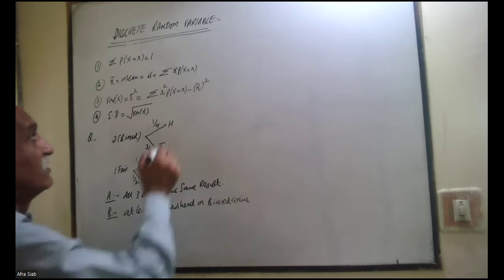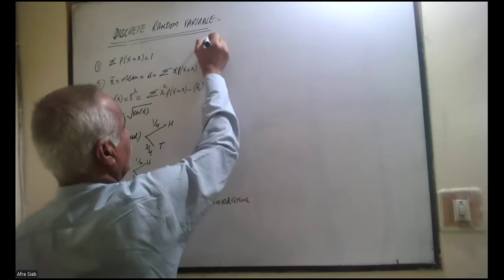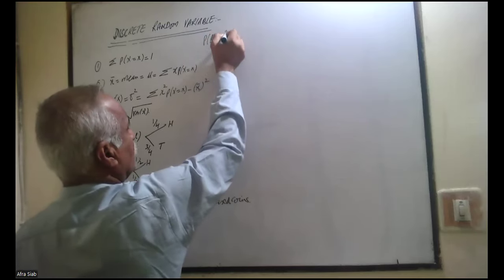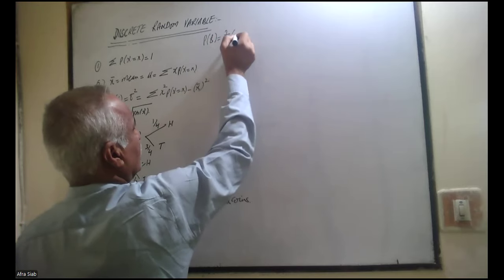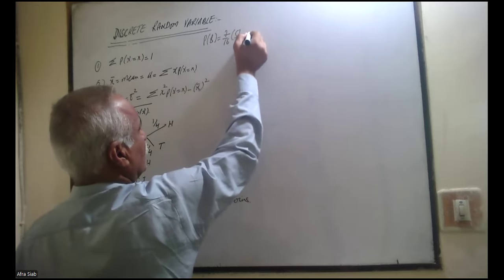And we have to prove that the probability of B is equal to 7 over 16. That thing we are going to show.